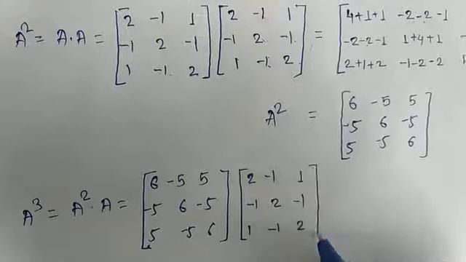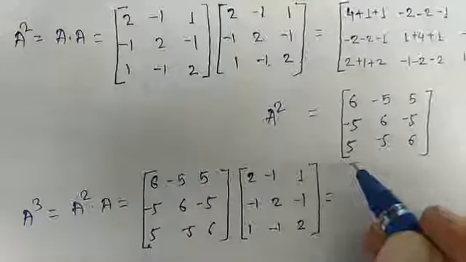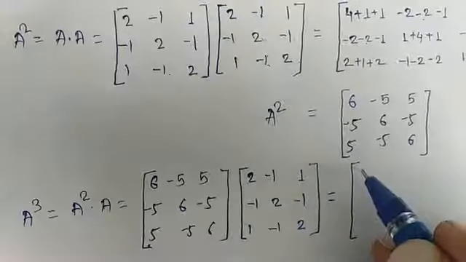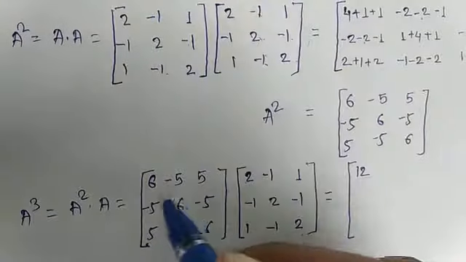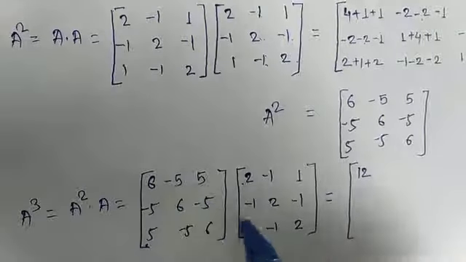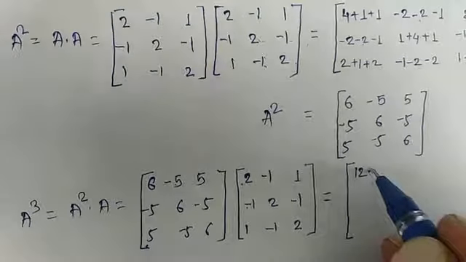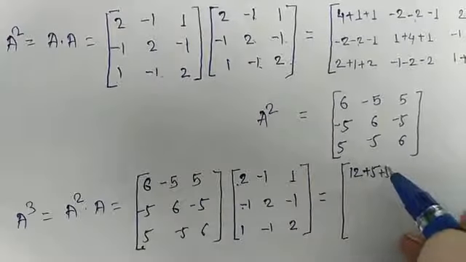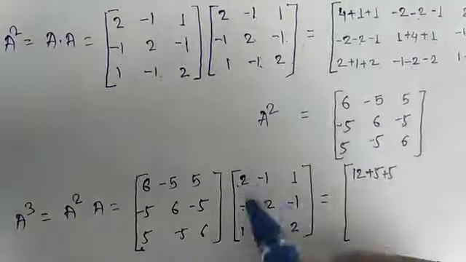Okay. So A cube will be a matrix. Again multiply 6 into 2, 12. Minus 5 into minus 1, plus 5. Okay, and 5 into 1, 5. Okay, which is first row, first column.